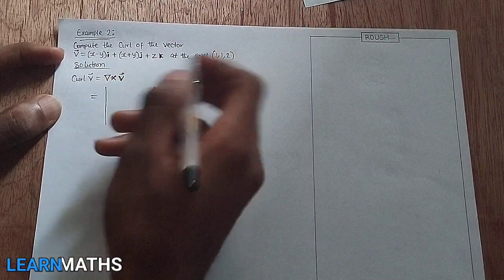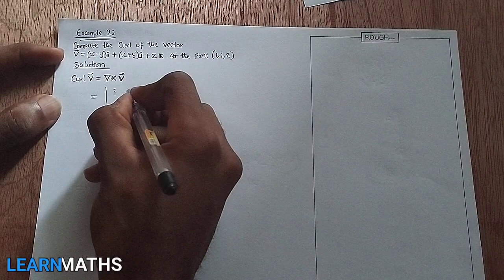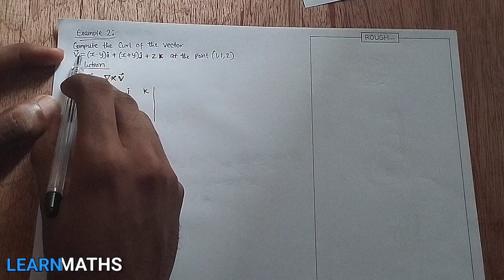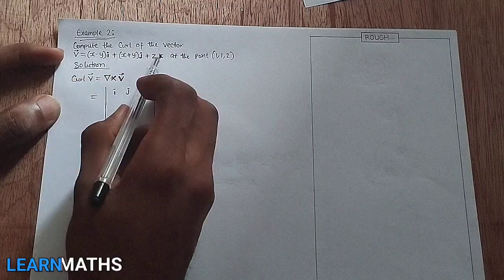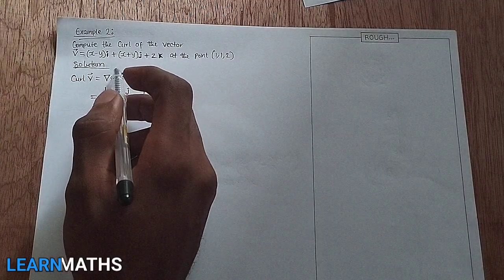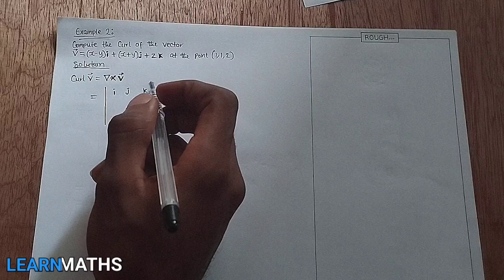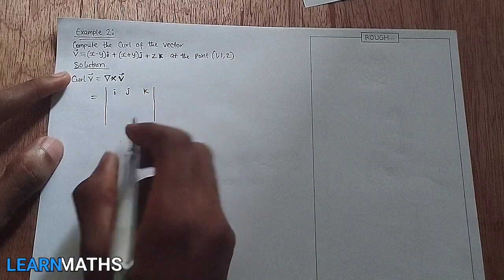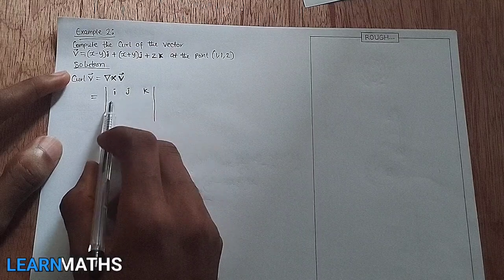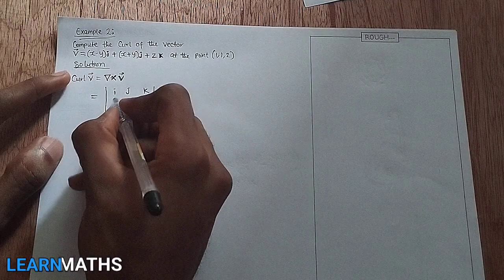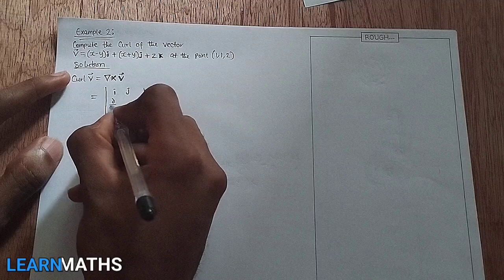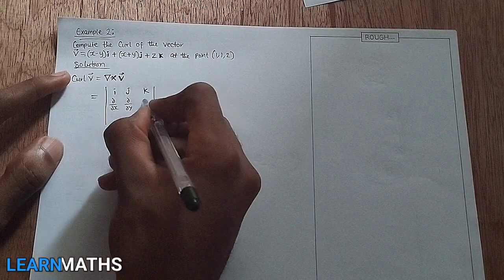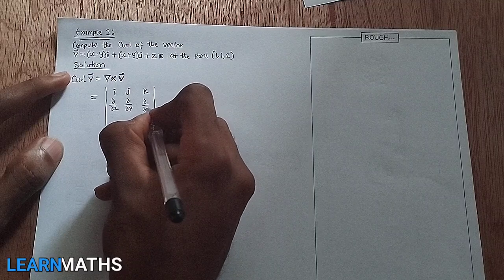Alright, so we have i, j, k. You can see how the vector was expressed in this question, different from how it was in the first question, but you are aware it's just the same thing in a different format, right? For the differential, we have the partial differential with respect to x, with respect to y, and with respect to z.